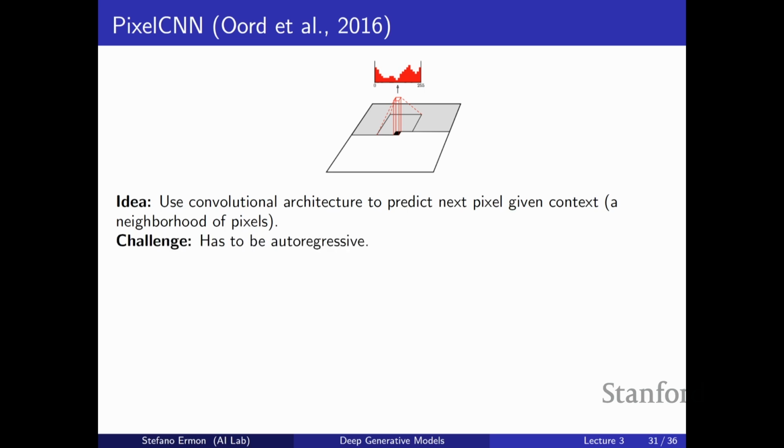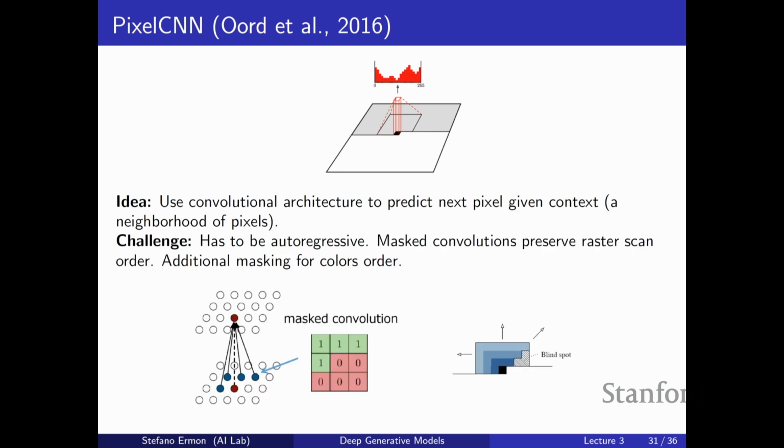When you think about how to enforce autoregressive structure, one way to do it is to set up the kernels of your convolutions to have zeros in the right places, so that the way the computation occurs is consistent with the autoregressive nature of the model.